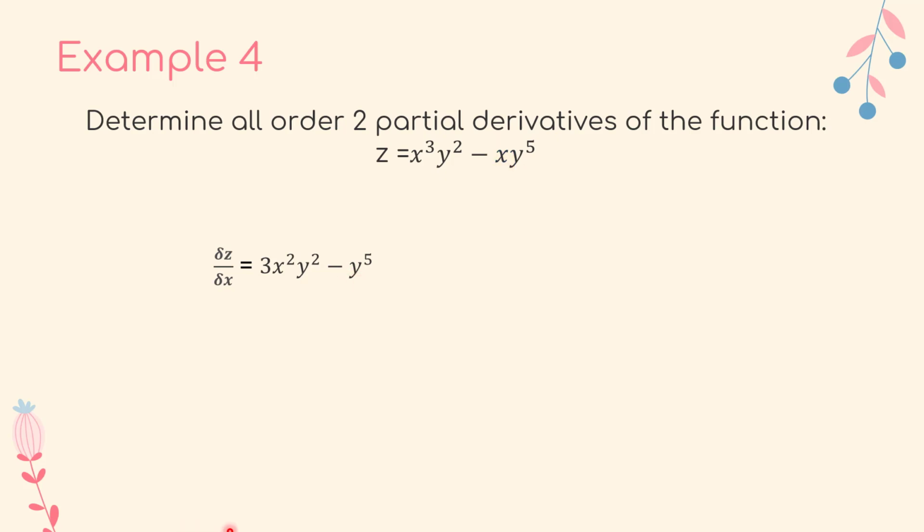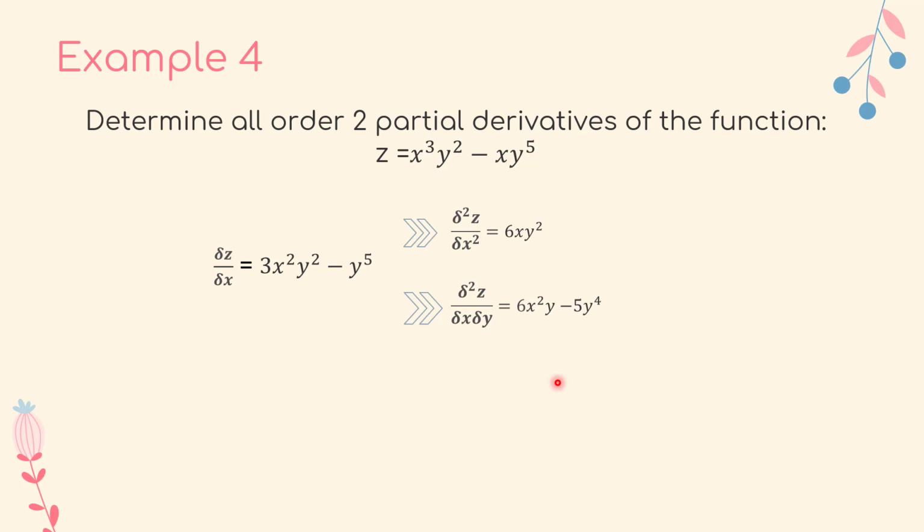Now, if we continue to derivate z with respect to x again, it will be d squared z dx squared, which becomes 6xy squared. From 2 multiplied by 3, and y is constant, and the minus y to the power of 5 becomes 0.